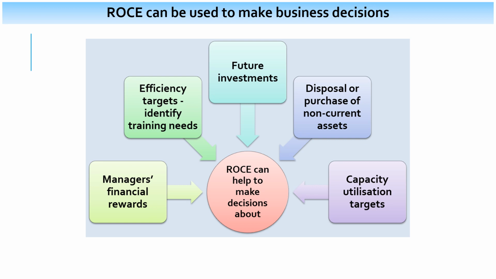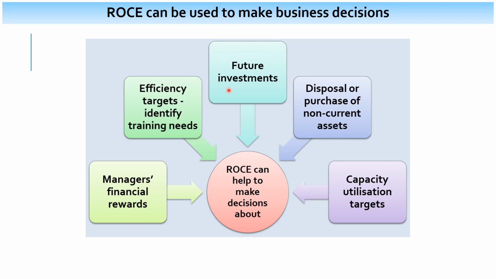So return on capital employed can be used by a business to help make decisions. It can maybe be linked to the manager's financial rewards. If we achieve a certain return on capital, then this might have an impact on your bonus or some performance related pay. If we have a certain target to use our money efficiently within the business, we might be able to identify needs, perhaps for training of employees in order to use the assets within the business more efficiently.